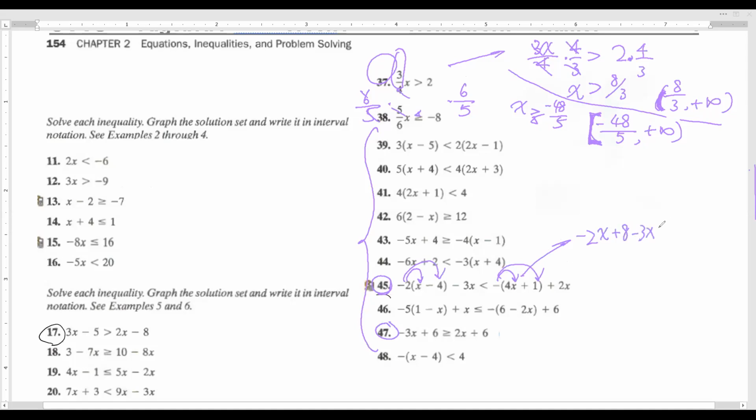The right part is negative 4x minus 4 plus 2x. Then you can combine like terms first. So you make negative 5x plus 8. What about the right part? The like terms are minus 2x.